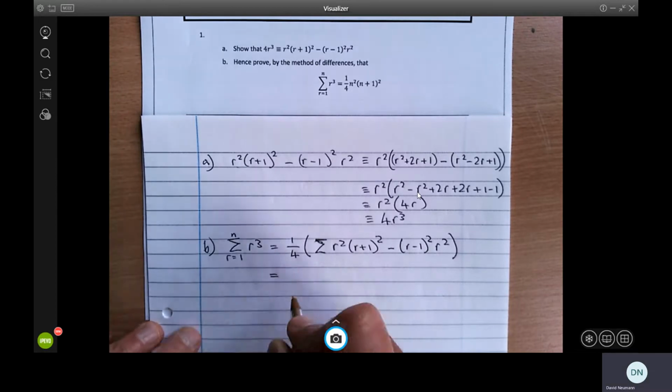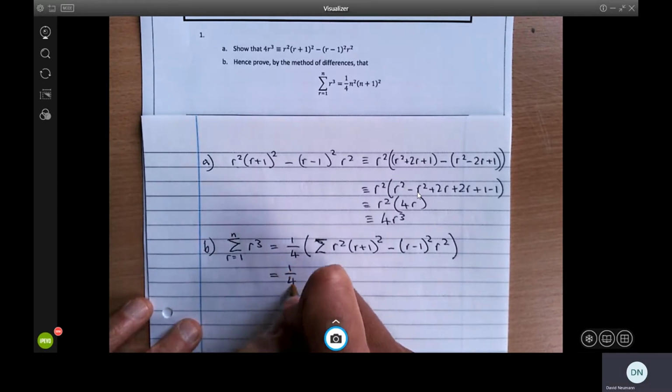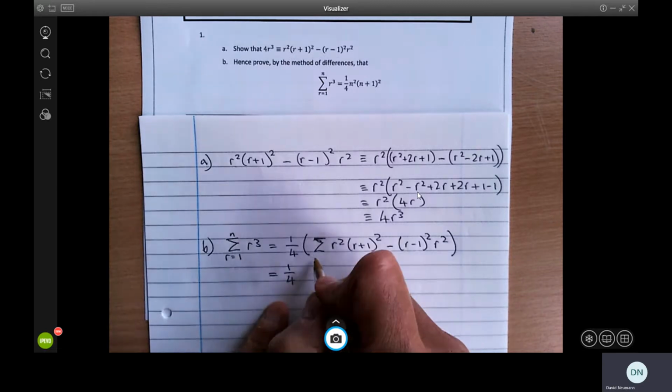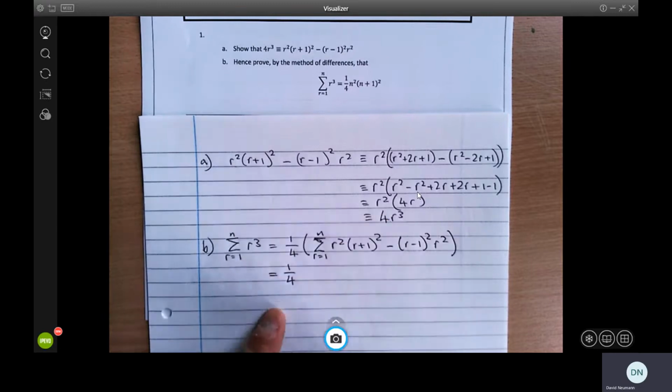Which is a quarter of, and now we can write out these terms individually. Sorry, I should have put r equals 1 to n on there.